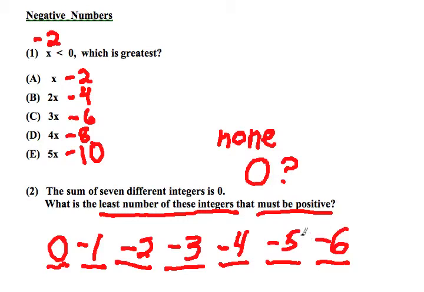But they don't sum to 0. So we can't get by with none of them positive. So what's the next least one to check? Could there be 1 that's positive?